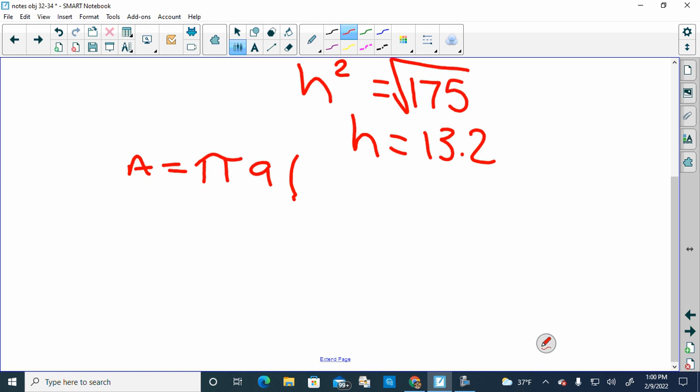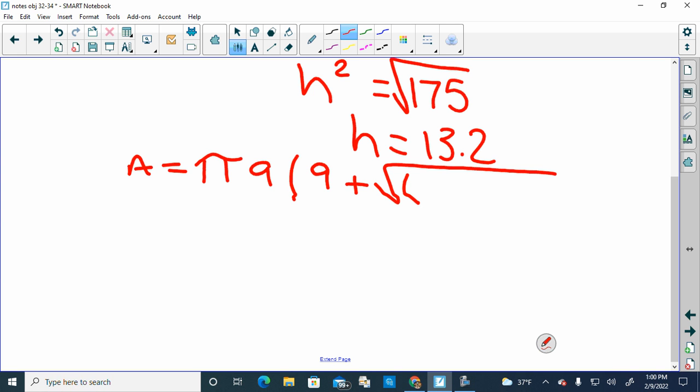Then the next thing is r again, so that's 9 plus the square root underneath. When we did this, I wasn't getting the exact answer, so I'm showing you, because some of them will give you exact answers. Because it wasn't a perfect square, they left this here.